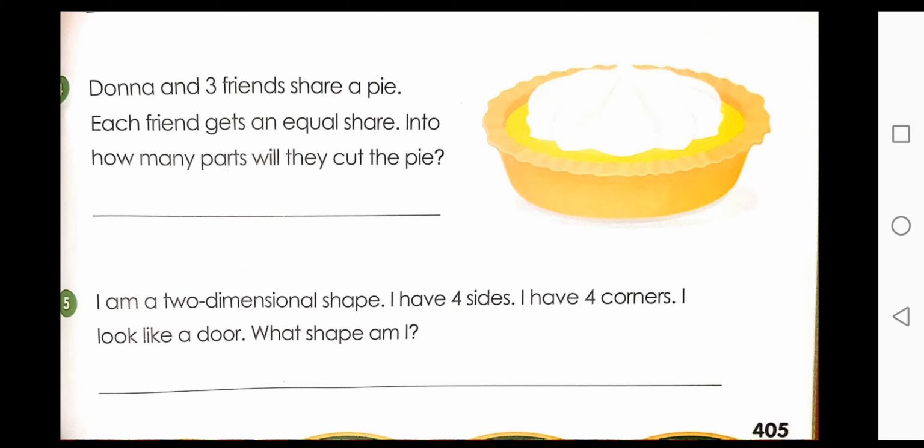It could be a square and it could be a rectangle.